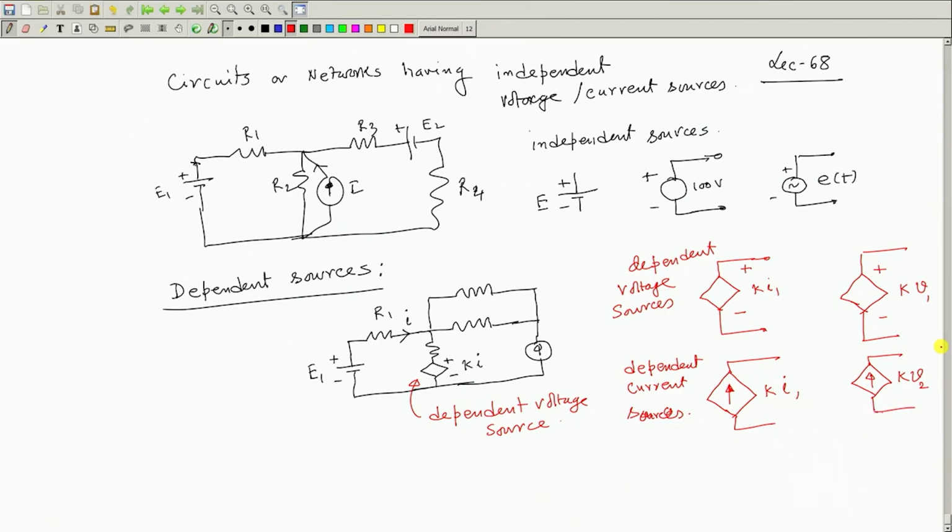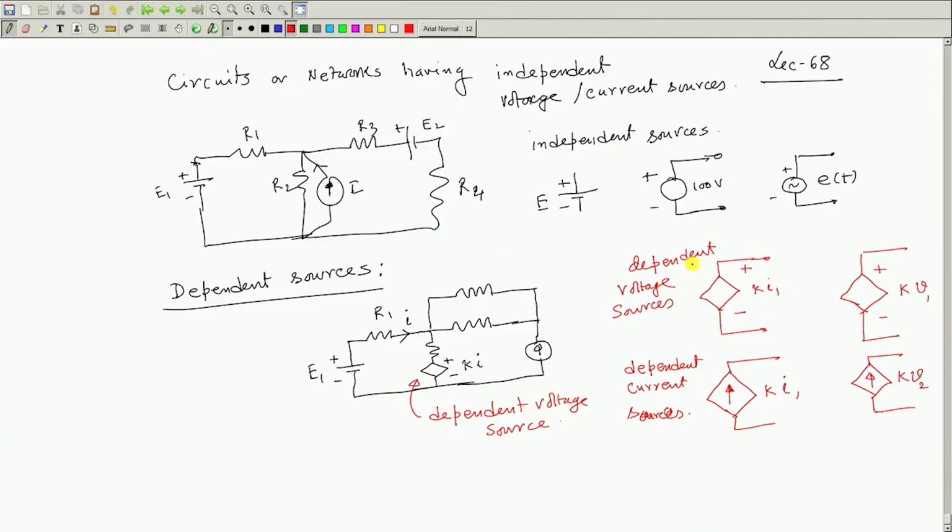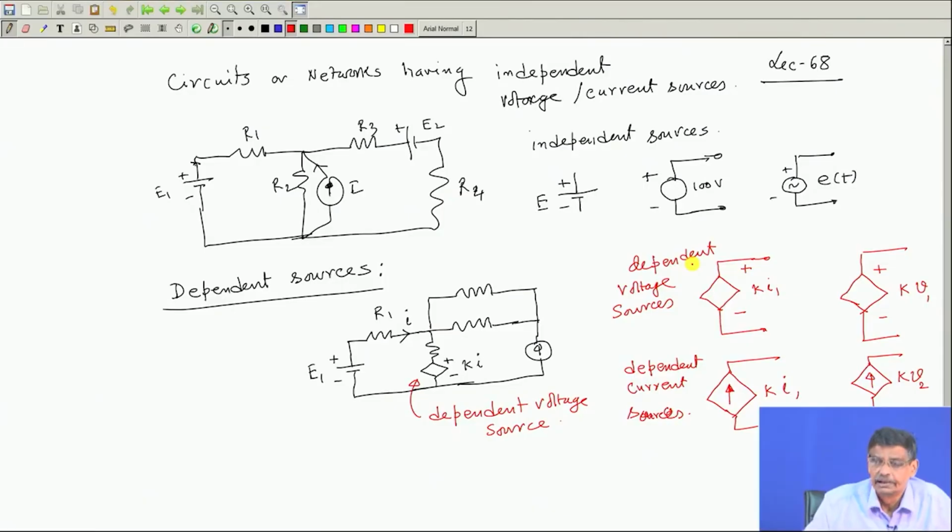In some branch, these voltage or current sources, if they are drawn, may depend upon some value of current in some other branch or value of voltage in some other branch, but clearly the polarities will be mentioned and things like that.